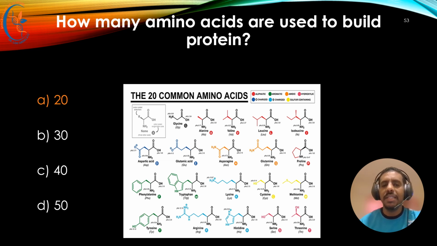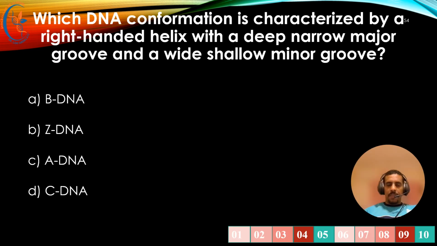These amino acids differ from each other in their side chains, which confer unique chemical properties to each amino acid. Alright? So these 20 amino acids are the building blocks of protein and are essential for various biological functions. Let's move on to the next question.